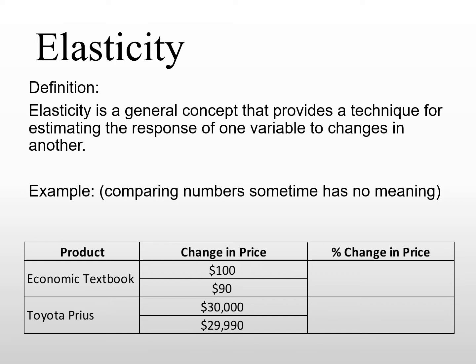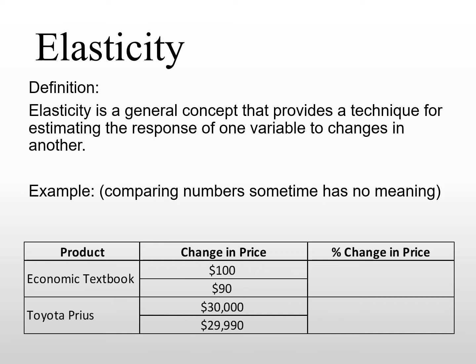The Toyota Prius was also discounted by $10, from $30,000 to $29,990. As you can see, when you, as a customer in the market, are trying to purchase these two products, the $10 discount on the economics textbook might be more appealing to you compared to the $10 discount on the Toyota Prius.